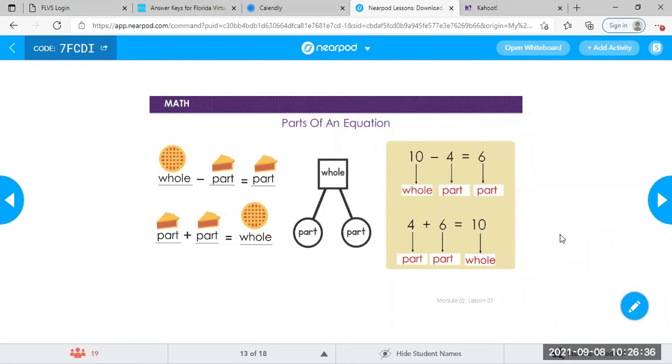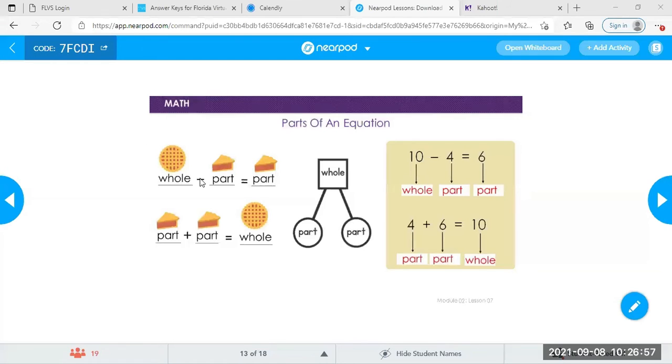They also help with subtraction. So let's, I see some hands up. Okay, hold on tight. So we're going to learn how we can use the different parts of an equation, the sum, the whole, and then break it into 2 parts. Now let's look at the pie right here.